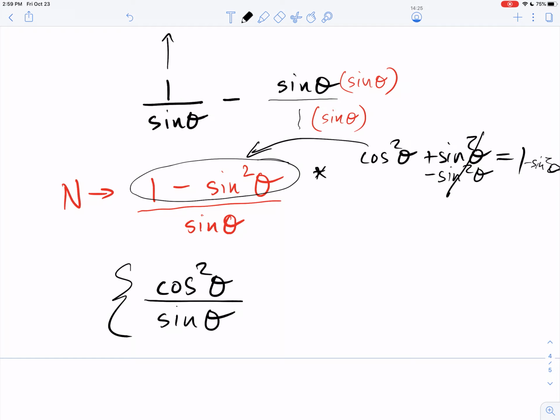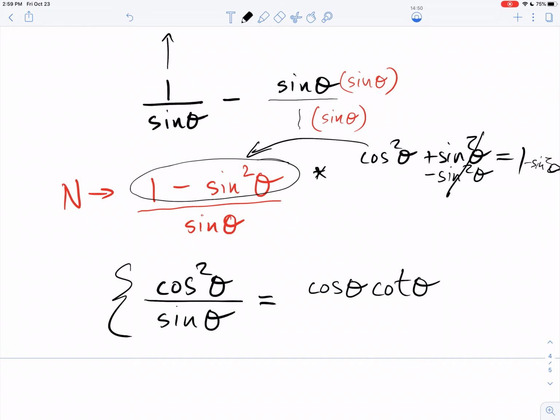Now, this cosine squared theta over sine theta, I am going to tell you the answer they have is cosine theta times cotangent theta.